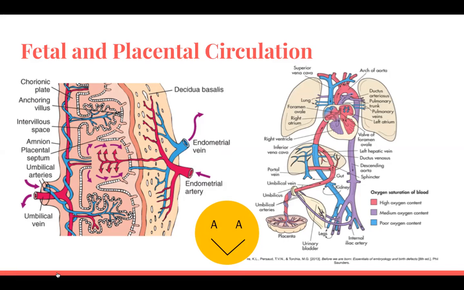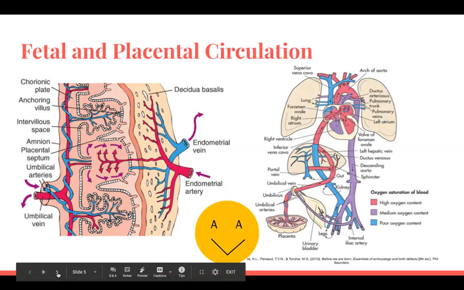The vein takes the oxygenated blood to the baby, and then it enters through to the right side of the baby's heart, and then it goes into the left atrium, which goes in the left ventricle, just pumped out of the aorta. The most oxygen-rich blood goes to the brain. The least oxygenated blood goes to the rest of the body and then makes its way to the arteries to go be reoxygenated.